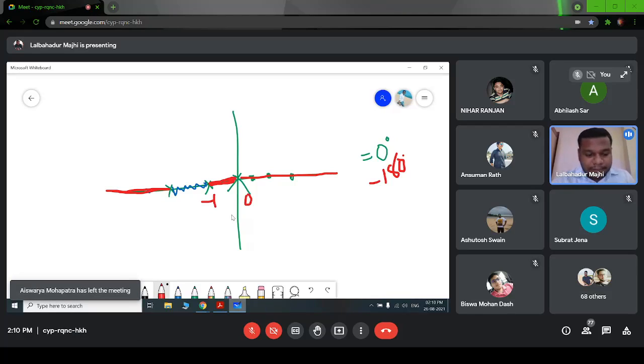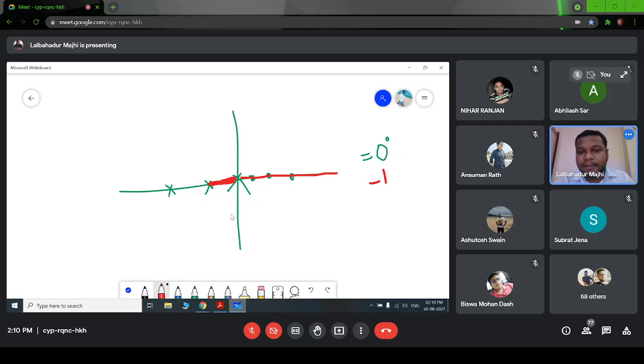There is a simple method also to check whether a point will lie on the root locus or not. Okay, suppose there is a 0 here, and there is a pole here, or let's say we have another 0 here. So we have 3 poles and 2 zeros. We have to check which path lies on the root locus. Suppose we are considering any point after this 0.